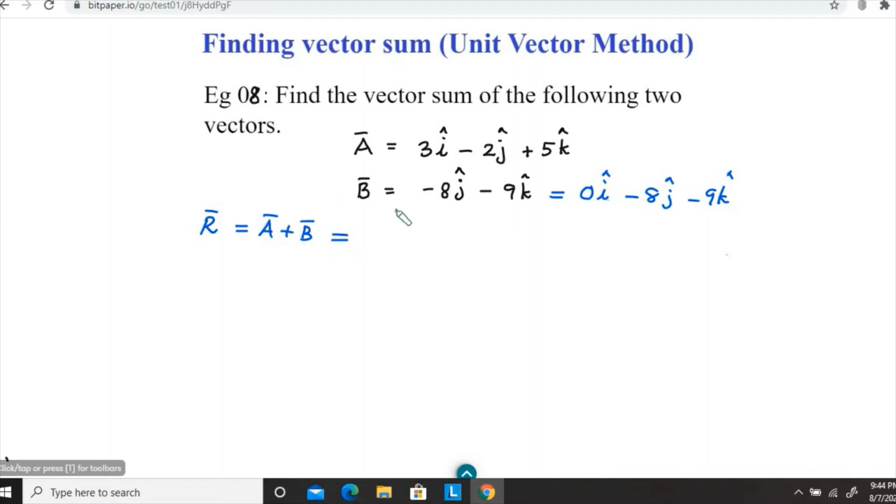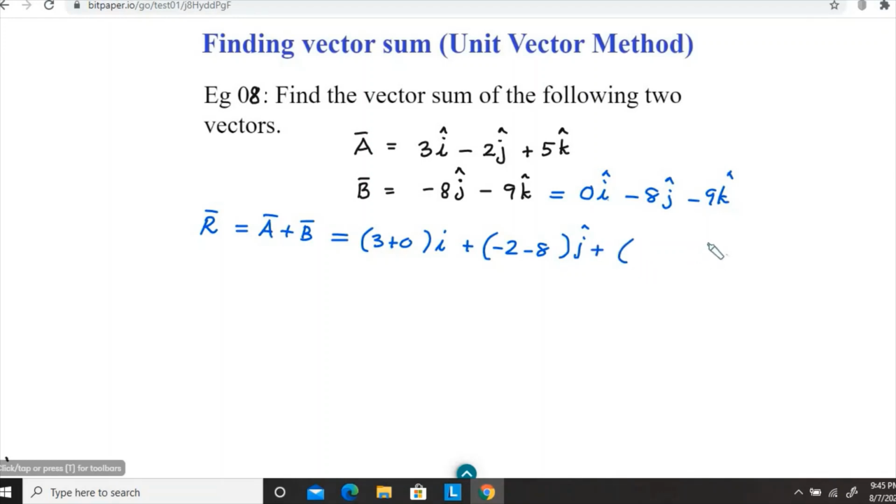So how do we find the vector sum? It's very easy. When we have unit vectors, we simply add algebraically the components of the corresponding unit vectors. For the unit vector i, we add the corresponding components in both vectors. So I have 3 from A, and for B vector, it's 0. Plus the corresponding components for j hat: from A, I have -2, and from B, I have -8.